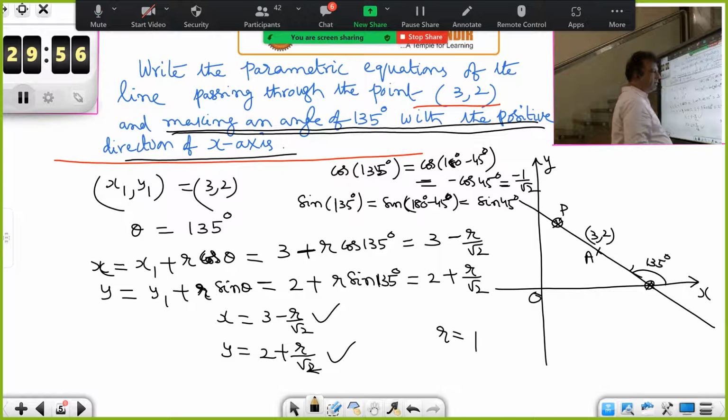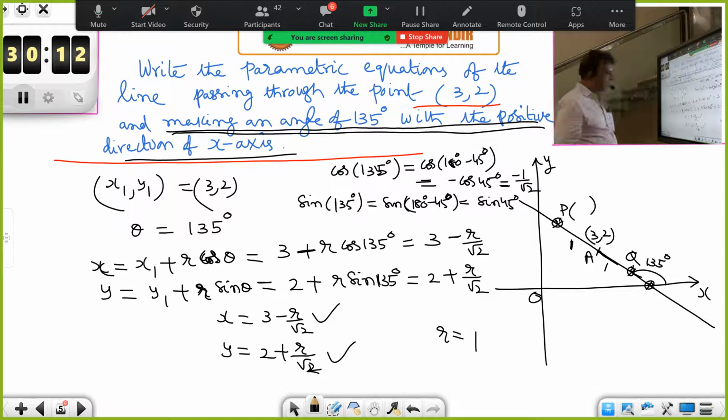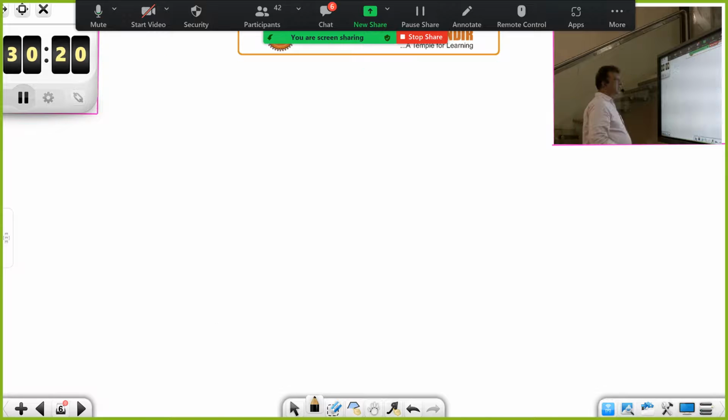Those coordinates will be the coordinates of a point P, which is 1 unit above here. Similarly, if you put r is equal to minus 1, you get a point somewhere here, Q. Below, sir. Like that. Okay. R plus means you go above and R minus means you go below. Right. Okay, let us see the next one.